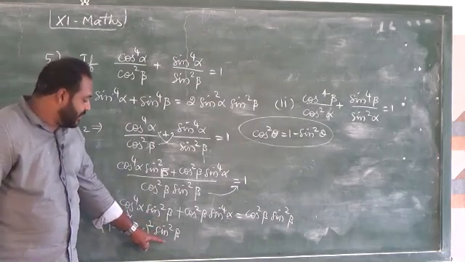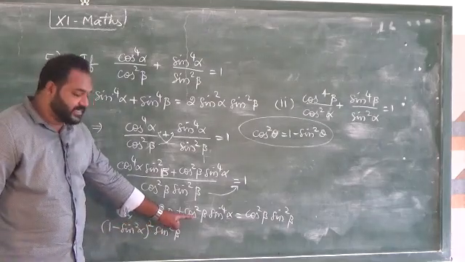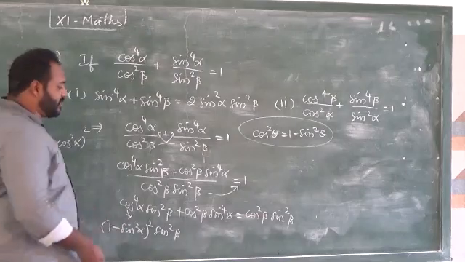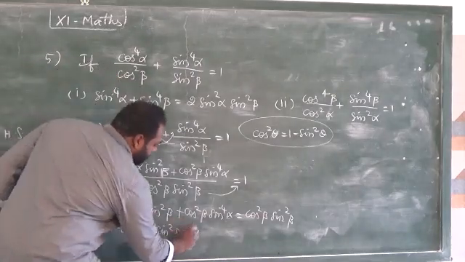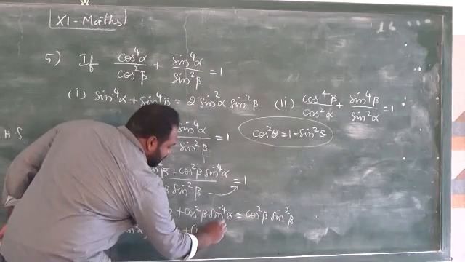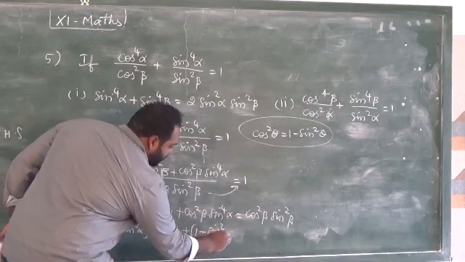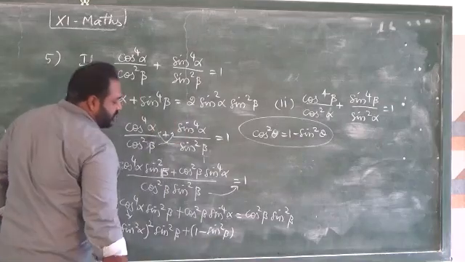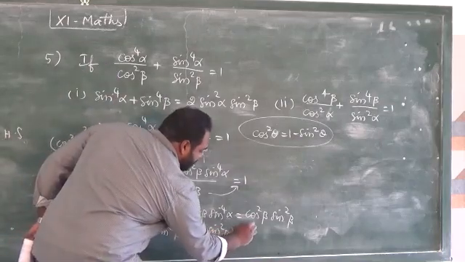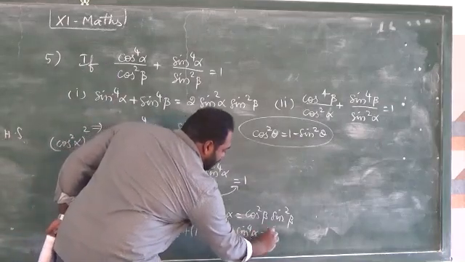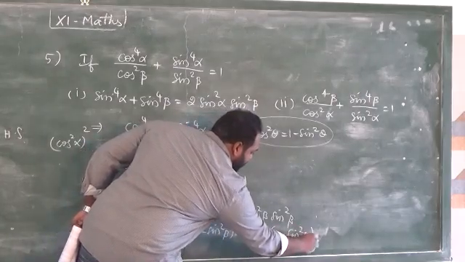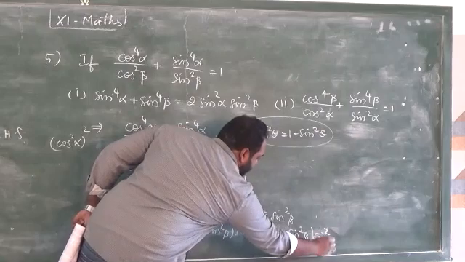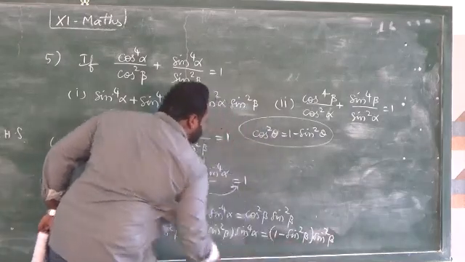The cos ratio is changed into the sin ratio. So cos square beta can be written as 1 minus sin square beta, into sin power 4 alpha, equal to 1 minus sin square beta into sin square beta.